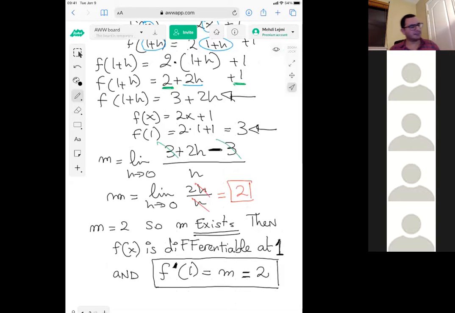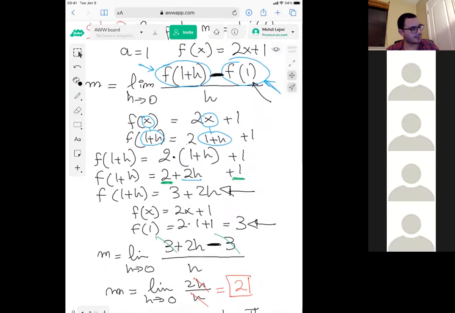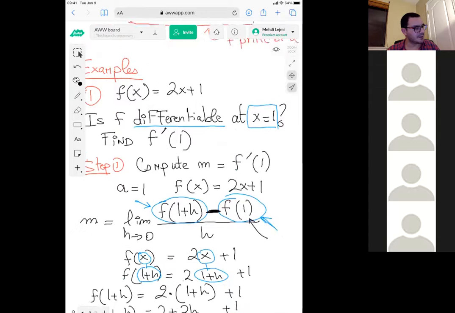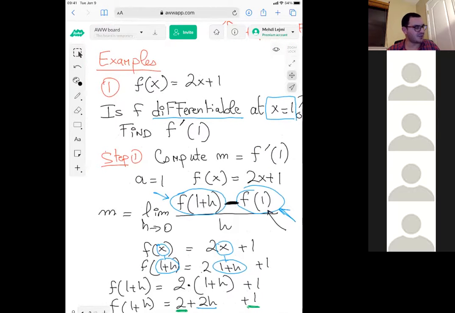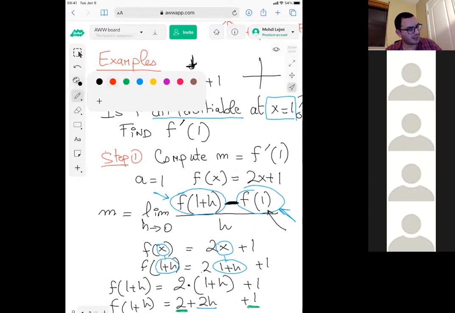Now, what about the continuity here? Is f of x continuous at 1? My function f is 2x plus 1, right? Of course, if you just graph 2x plus 1, it would be a line like this.